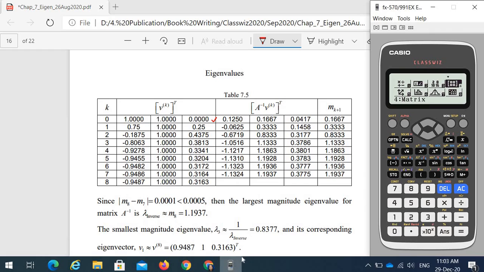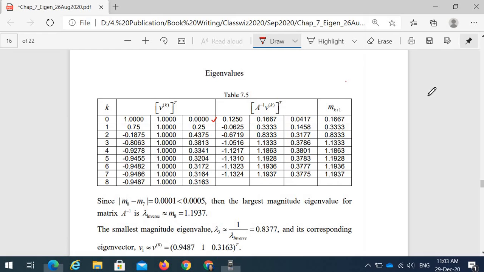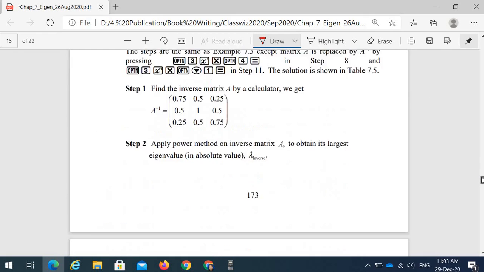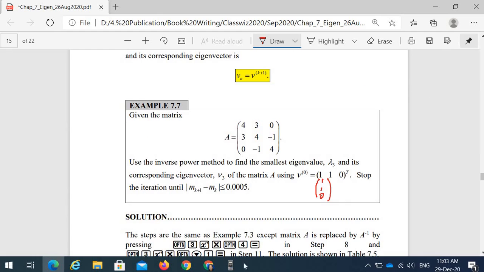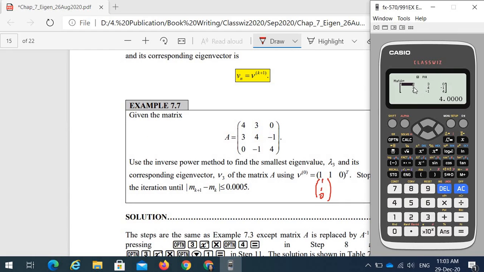Okay, so here we are in the matrix menu, number 4. First of all, we define the matrix A, which is 3 rows, 3 columns. In the previous video, we did the power method to find the dominant eigenvalue. The matrix A is still in the memory, because I inputted it in the previous video.